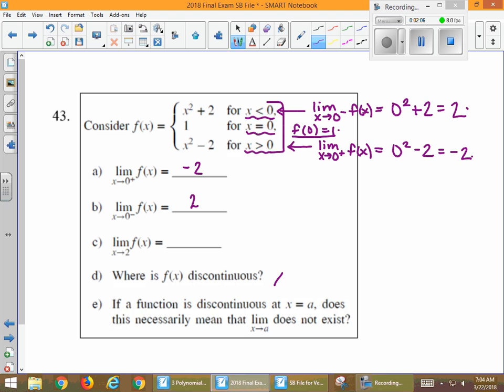It's discontinuous at x equals 0, because the limit as x approaches 0 from the left of f of x does not equal the limit as x approaches 0 from the right. And that also shows neither of those equals f of 0.